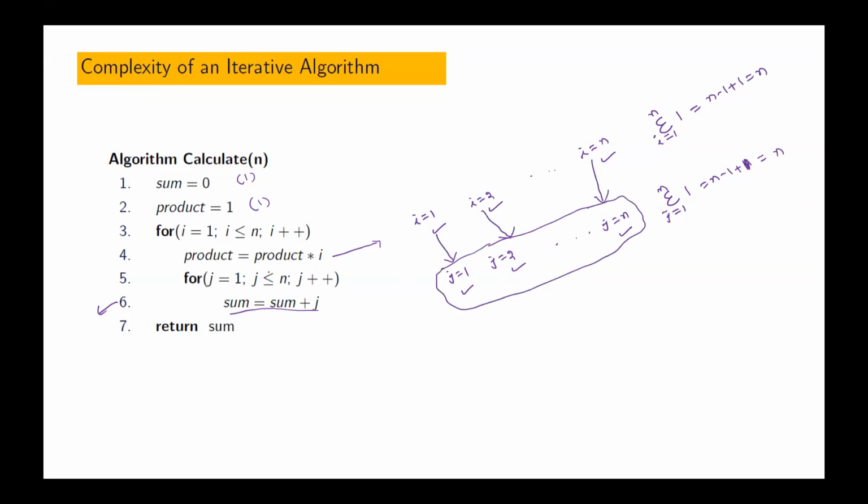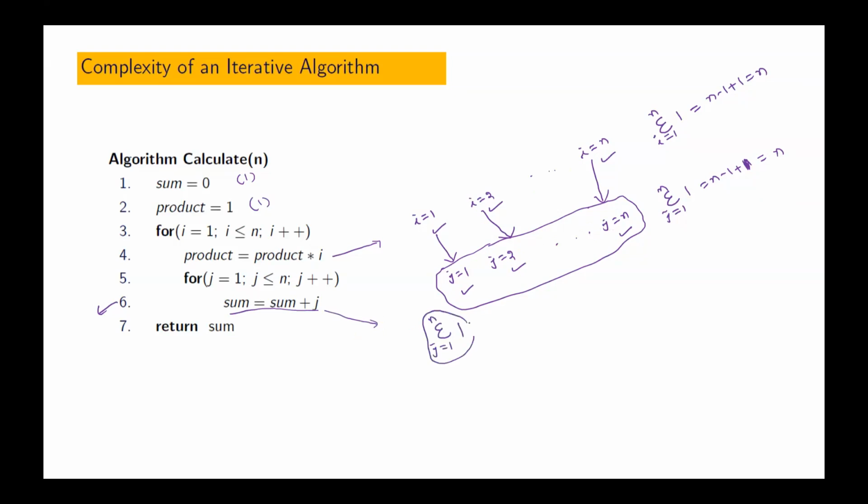See, when i equal to 1, j varies from 1 to n. Similarly, when i equal to 2, j varies from 1 to n. Similarly, when i equal to n, j varies from 1 to n. That means how many times is this operation performed? N square times. For each value of j from 1 to n, one time it is performed.